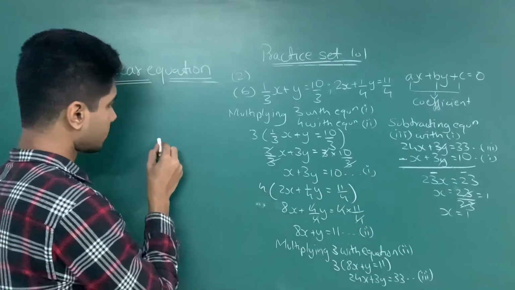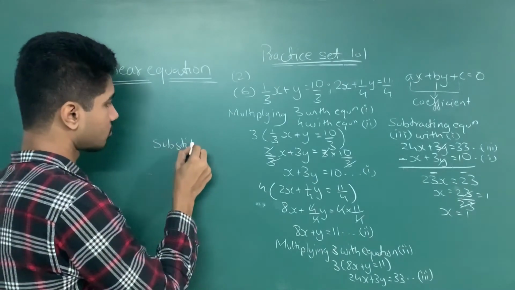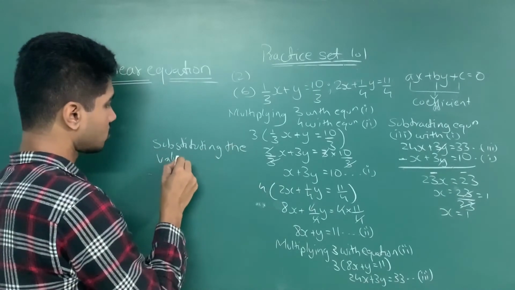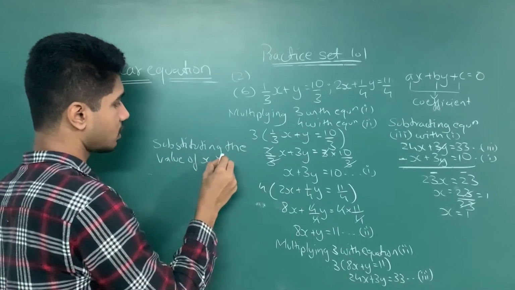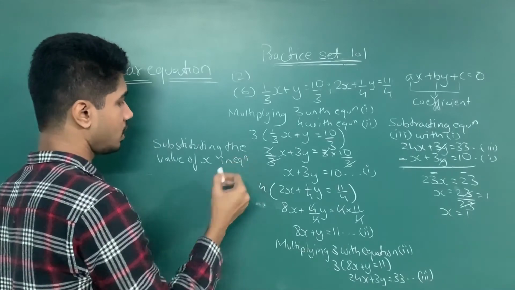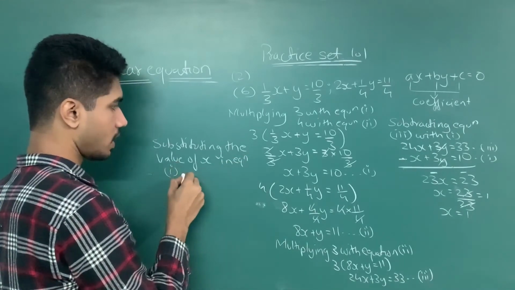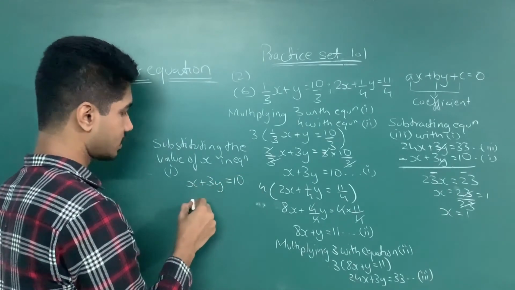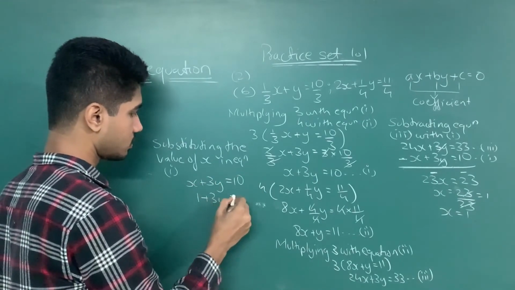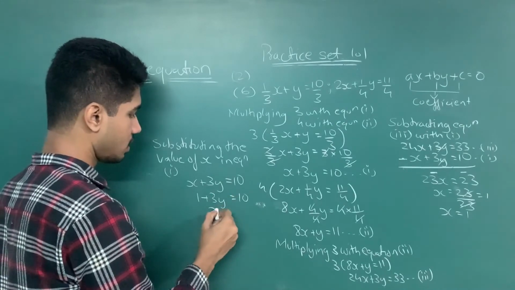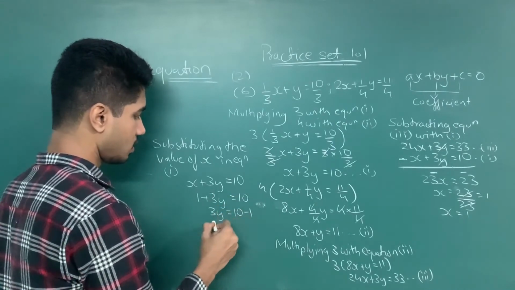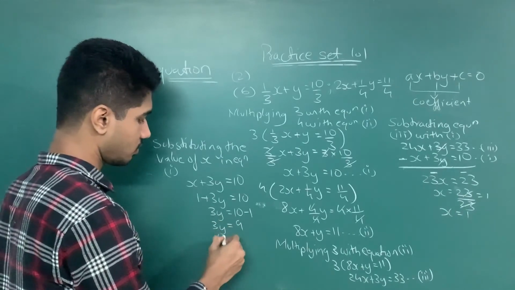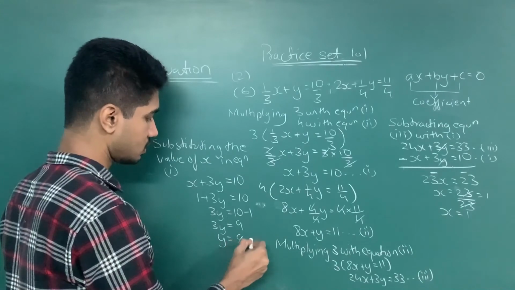So substituting the value of x in equation 1, that is x plus 3y is equal to 10. So x का value is 1, 1 plus 3y is equal to 10. You shift the 1 to the right hand side, you get 10 minus 1, which is 3y is equal to 9. So it's a multiplication, you shift over there, you get 9 upon 3, which is 3.